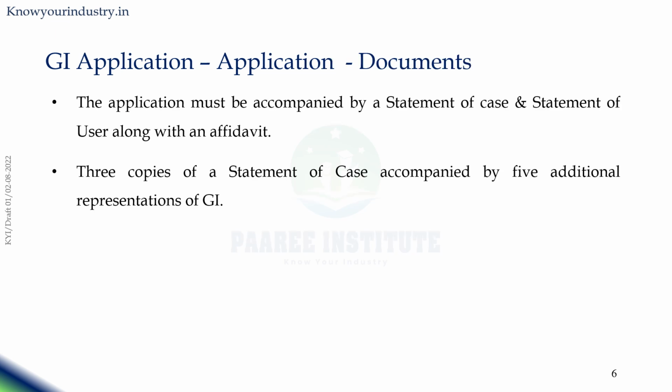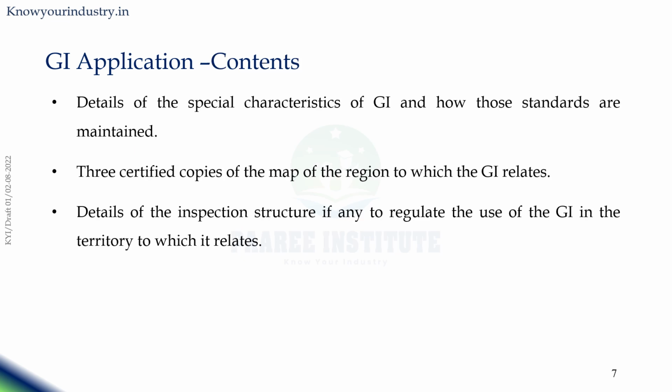What are the other documents that need to be submitted with the application? The first one, the application must be accompanied by a statement of case and statement of user along with an affidavit. 3 copies of a statement of case accompanied by 5 additional representations of the GI need to be submitted. What are the other contents of the application?